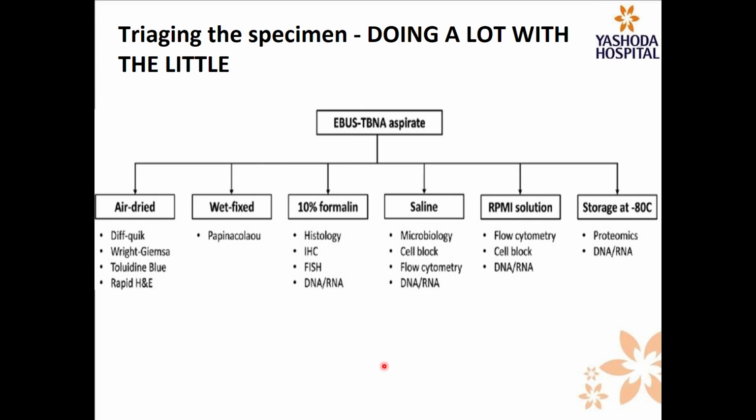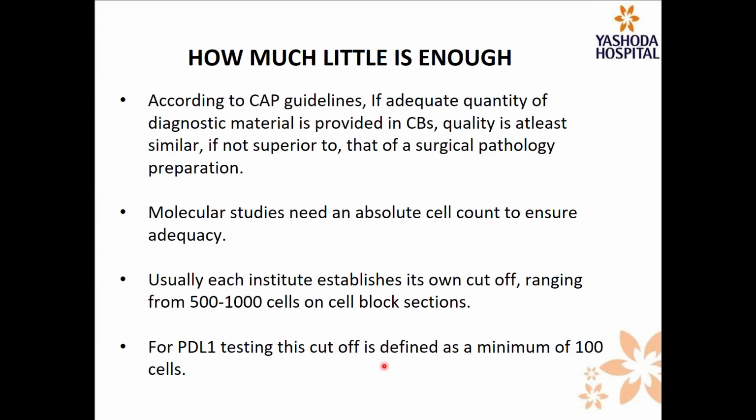Because once the sample has been transferred to neutral buffered formalin, the preservation of the cells on the cytology samples can be hampered, and we may not be able to retrieve any of those material for any molecular testing.